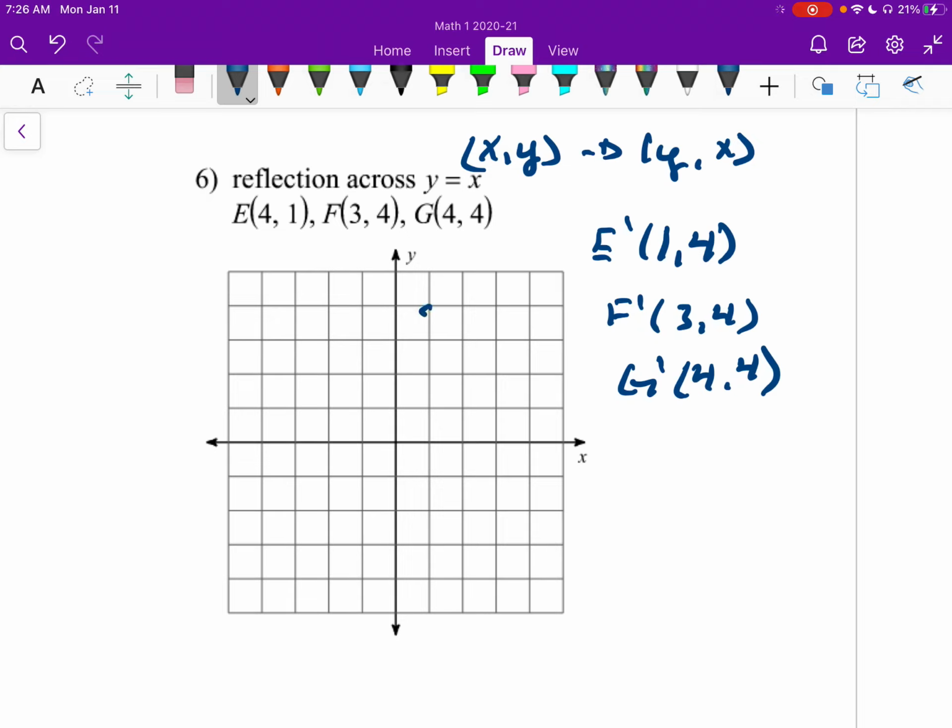So I start to graph these. Here's E prime. F prime will be right there. Here, let me rewrite that. E prime. Well, F prime will be all the way over here. And then, all right, something's wrong here.